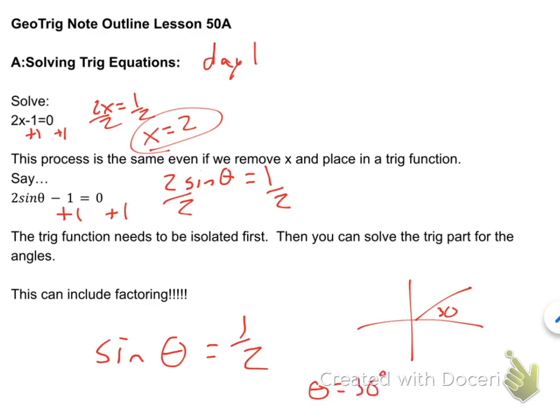But I'm hoping that you guys remember back to when we were taking the inverse sine, cosine, and tangent, because that's technically what we're doing here. If we wanted to do this correctly with proper notation, I would take the inverse sine of both sides.